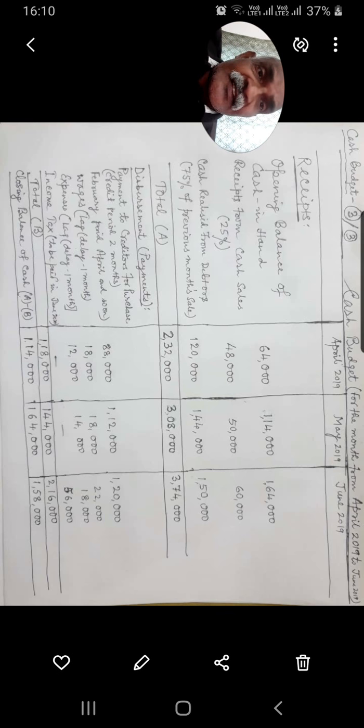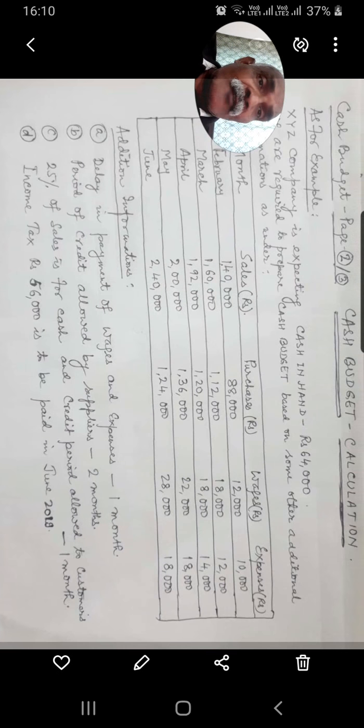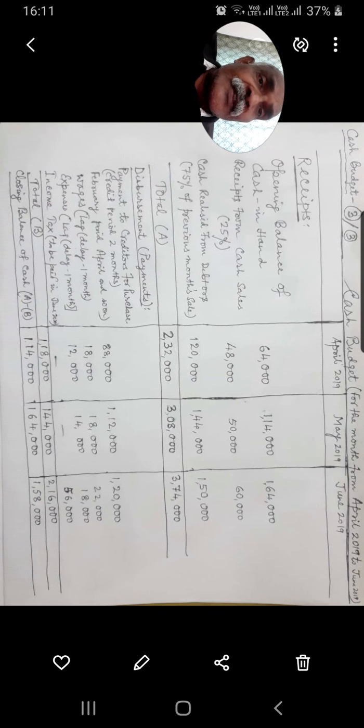So cash collections, that is, realized from debtors, 75% in the month of May is how much? That is 75% of April. In the month of April the sales were 192,000 rupees, and out of 192,000 rupees, 48,000 rupees you have recovered in the month of April only, and the remaining 144,000 you will receive in the month of May.